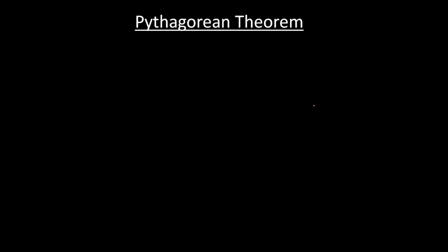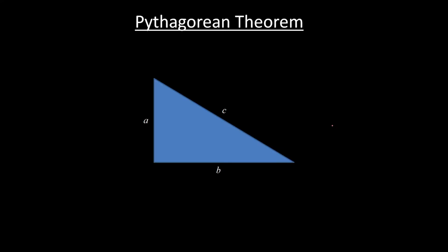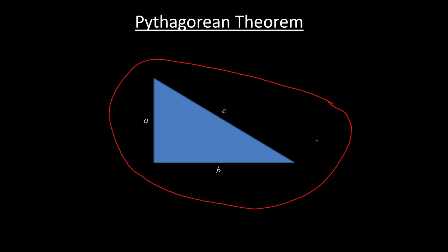So, with that said, the Pythagorean theorem. This is a pretty big deal. The Pythagorean theorem is incredibly useful, and it applies to right triangles.